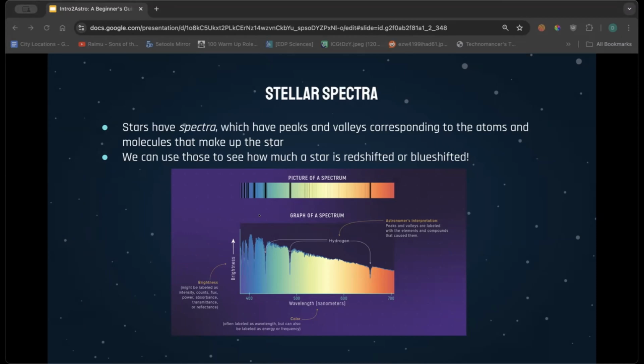On the other hand, if those atoms are hot enough, they emit at those same wavelengths, causing peaks in the spectrum. So if we have really nice, easily identifiable, sharp lines in the spectra, we can see them shift to the left or right, to the red or blue, a lot more easily than we could see the entire spectrum shift. So if we figure out how much they're shifting, we can figure out how much the star is moving, and then we can figure out how heavy the planet is.